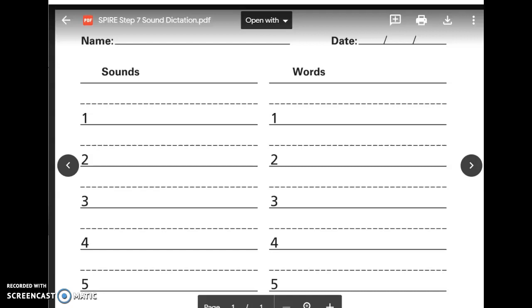Okay, and if you have written that word bed, go back and underline the vowel. And then we'll say again what the vowel's name is. And then what sound does vowel E make? Good.